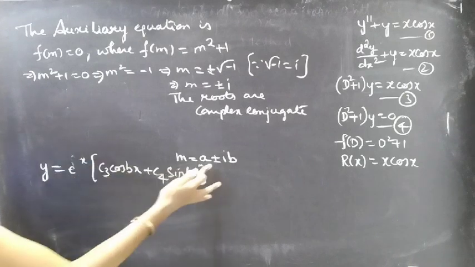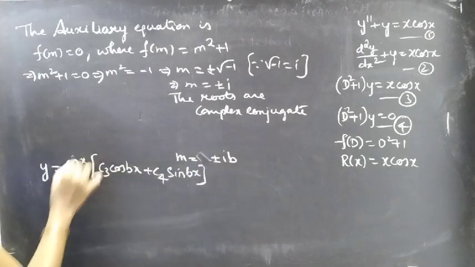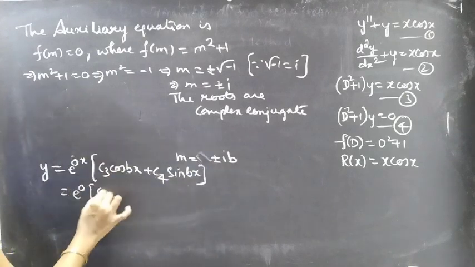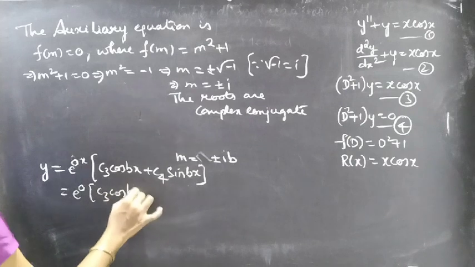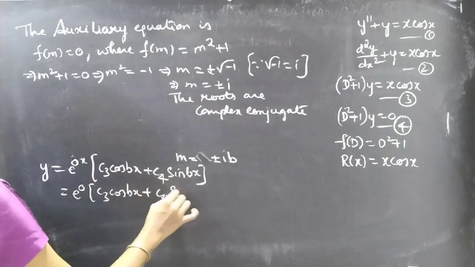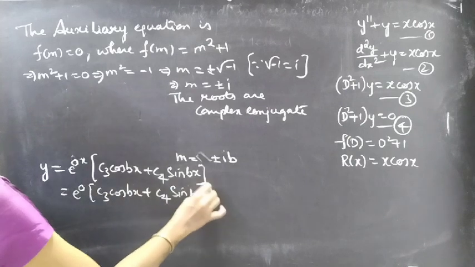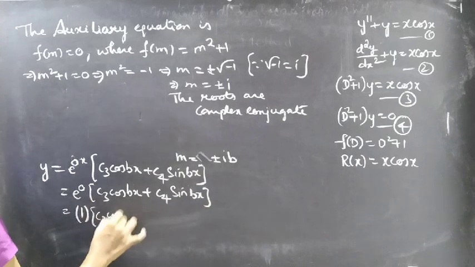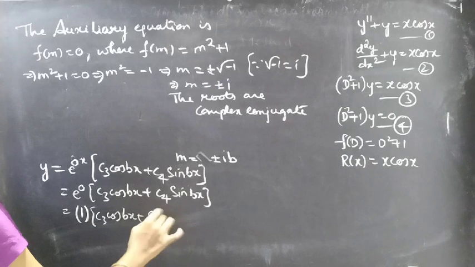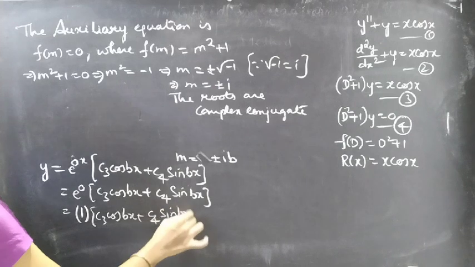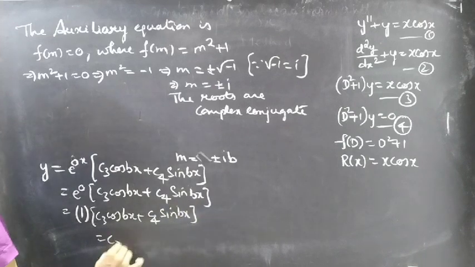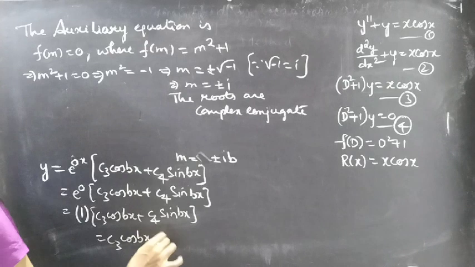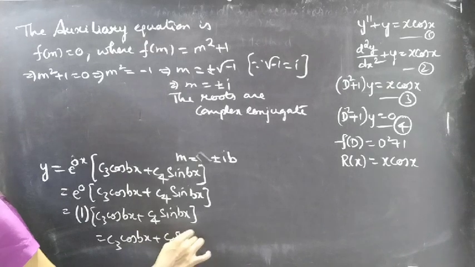Now in case of a equal to 0, we'll get e power 0 into x, which is e power 0 of (c3 cos bx plus c4 sin bx). Since e power 0 is 1, we get 1 into c3 cos bx plus c4 sin bx, which gives us c3 cos bx plus c4 sin bx.